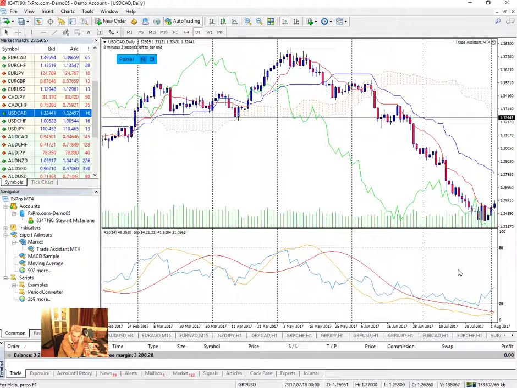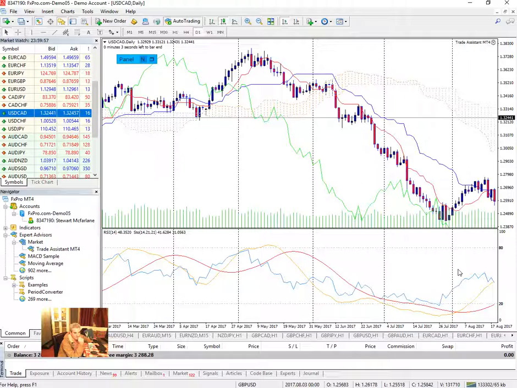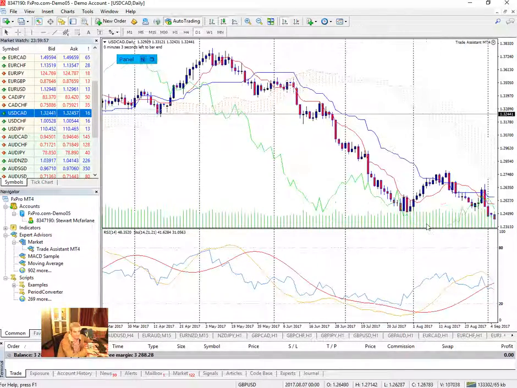So you're going up there, or really here, 36960. Your stop's going to be below there anyway. Here you'd be getting stopped out.